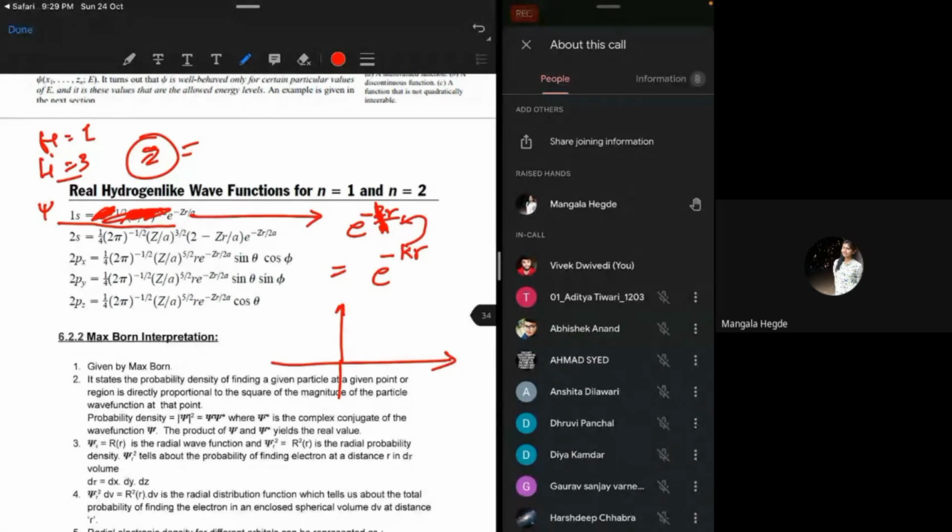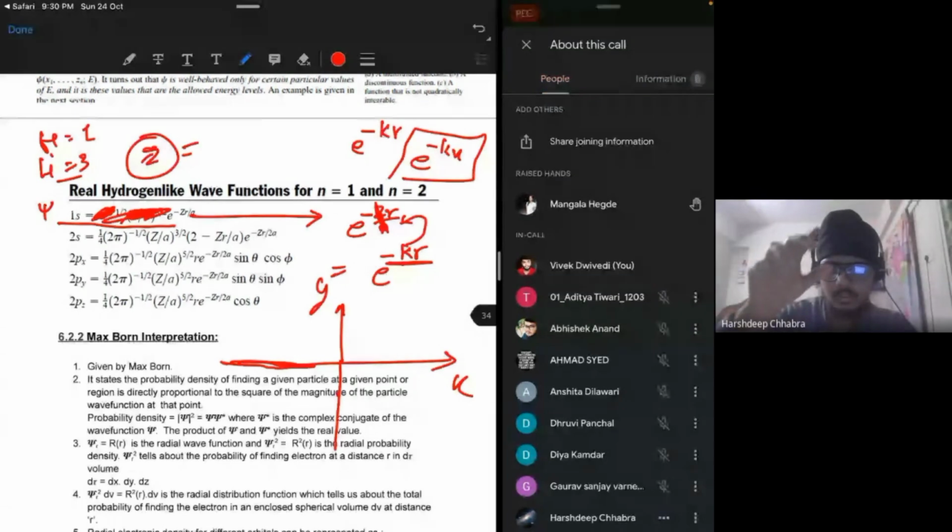Now, what is the graph of e power minus kr, or e power minus kx? If this is y and this is x, what is the graph of e power minus kx? Someone tell me. At x equals 0, it will be 1, and at x equals infinity, it goes to 0.